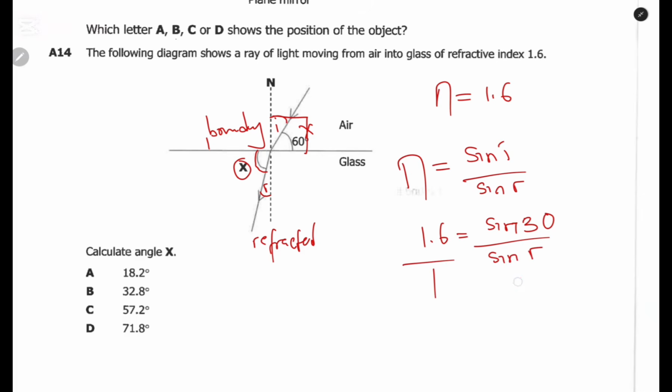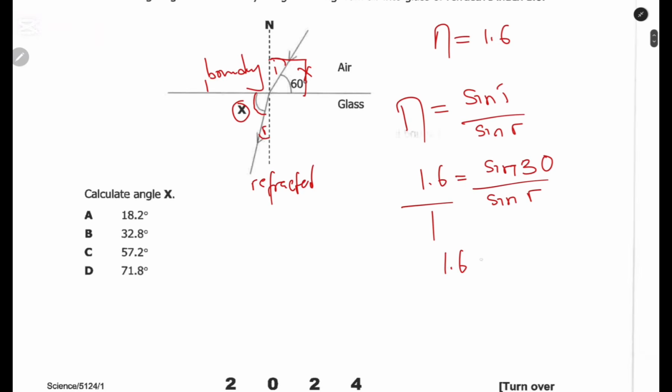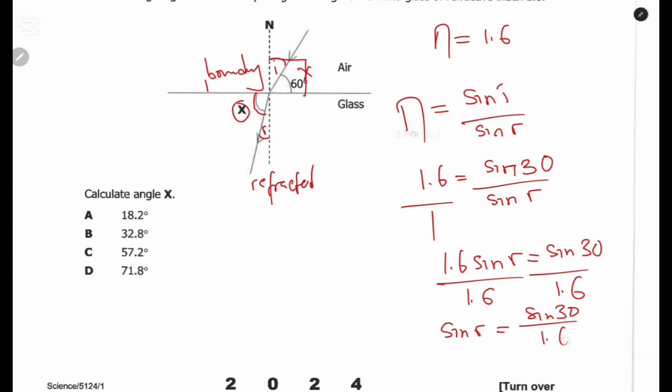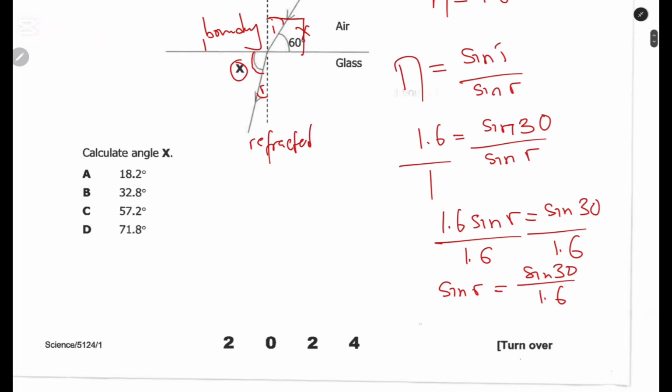We cross multiply, and we are going to have 1.6 sine r is equal to sine 30. Divide both sides by 1.6, so I remain with sine r is equal to sine 30 divided by 1.6. So the angle of refraction is equal to sine inverse, you punch shift, then whatever you find when you divide sine 30 by 1.6.